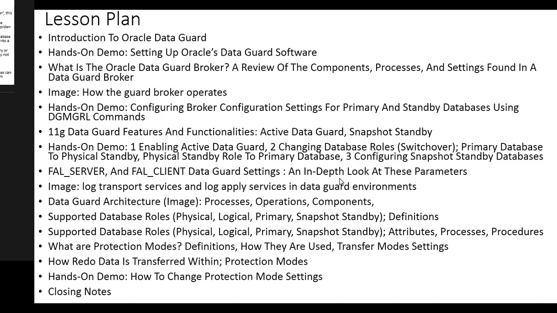I'm going to go into the supported database roles for Data Guard. You have physical, logical, primary, standby, and snapshot standby. I'm going to go into the definitions, and then the attributes, the processes and the procedures. The procedure is really more about what's going on internally in terms of these database roles.